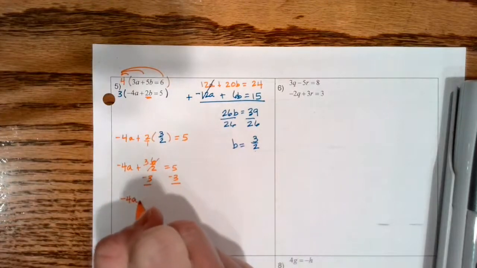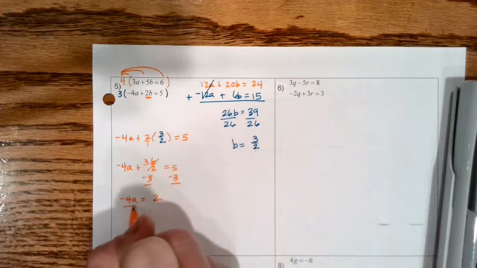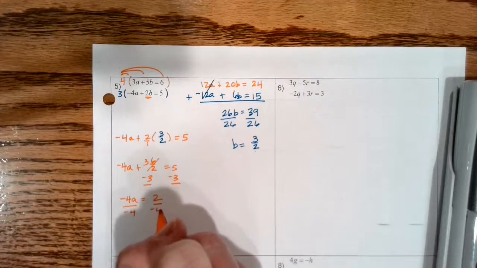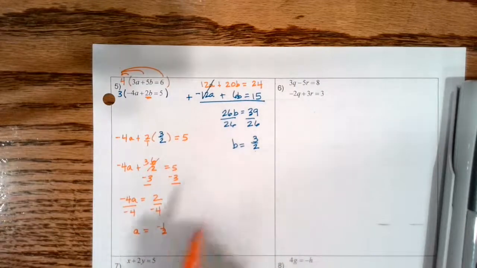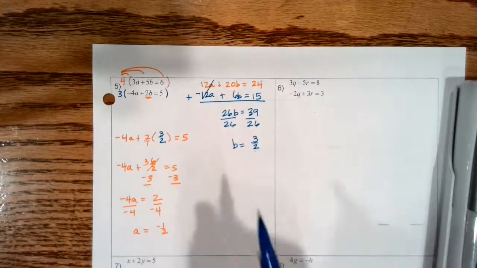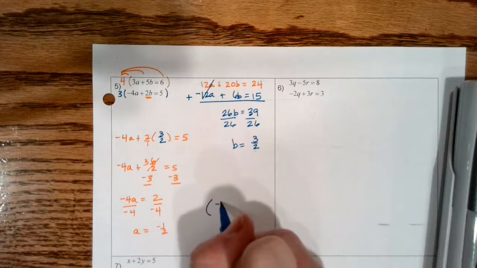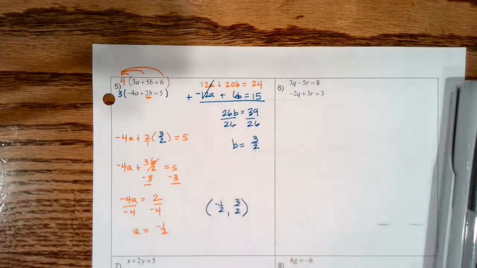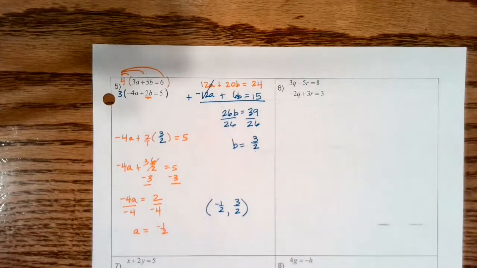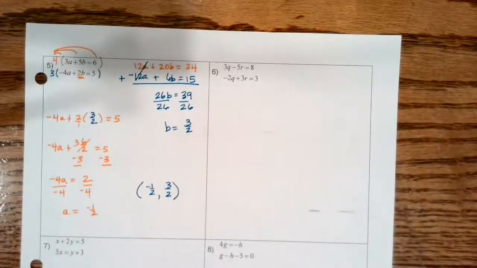Negative 4a is equal to 2. Divide by negative 4. Divide by negative 4. A is equal to negative 1/2. So my solution is negative 1/2 and 3/2. It's okay if they're fractions. Things don't always work out evenly.